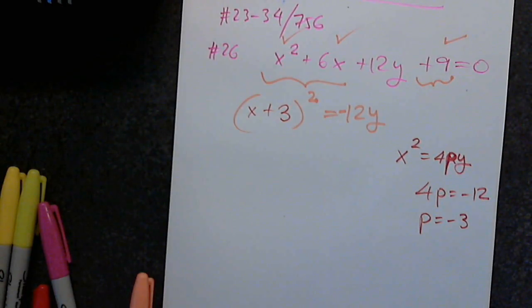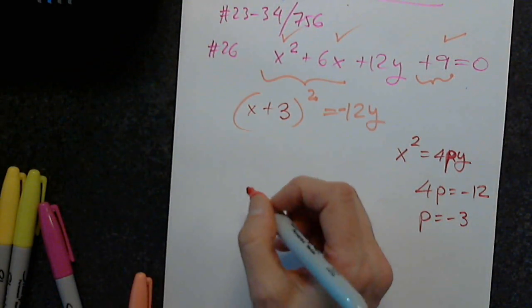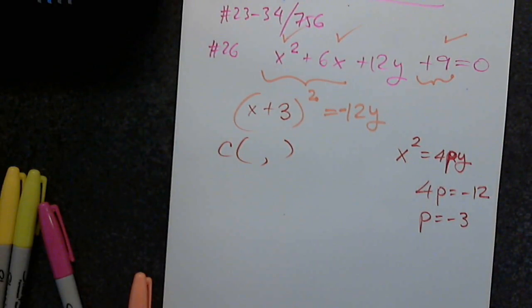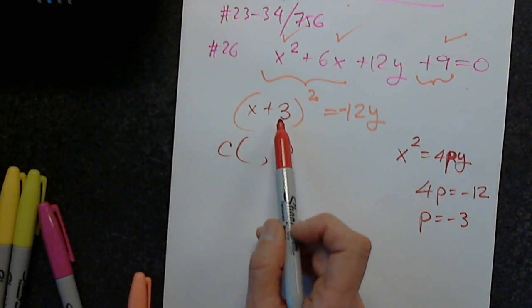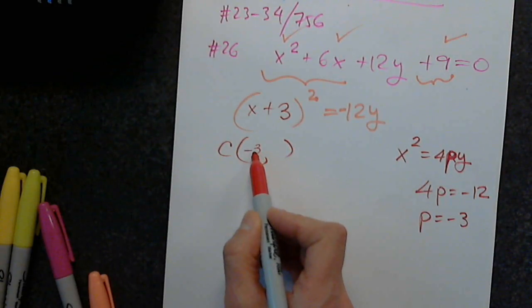Down. Because this is negative, yes, it opens downward, very good. And where is its center? To the left 3, so the center will be negative 3, 0.